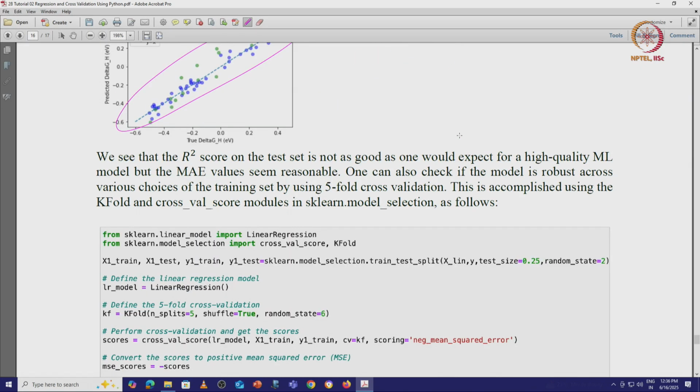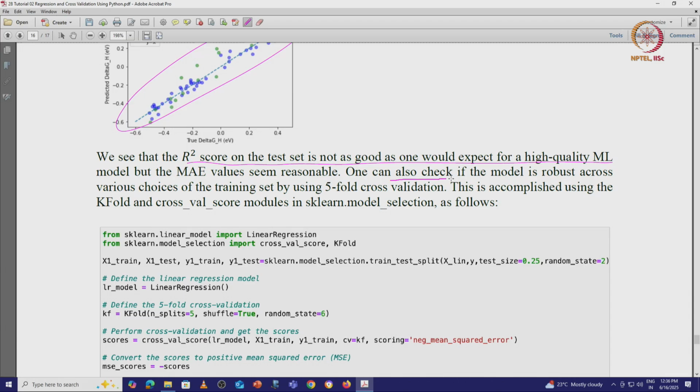So what is the take home message? The take home message is that the R square score on the test set is not as good as one would expect in a high quality ML model. The MAE is still reasonable. So now comes the role of cross validation. We discussed that it does have a role in preventing overfitting, because you change the train and the test set, and then you decide what the model performance really is.